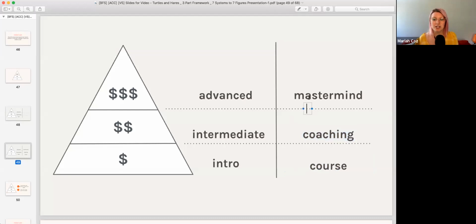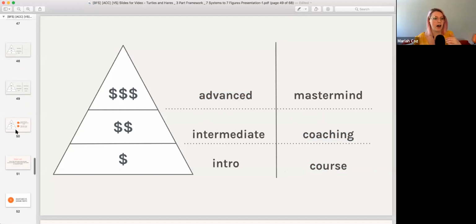And then at the very top, your most expensive offering can be either a mastermind or a one-on-one service or something like that. But it's basically saying this is all the same content. The difference in the price points and the levels is the support that they get from you, versus the alternative here, which is saying every single course has different content.